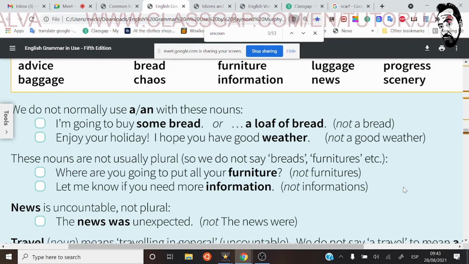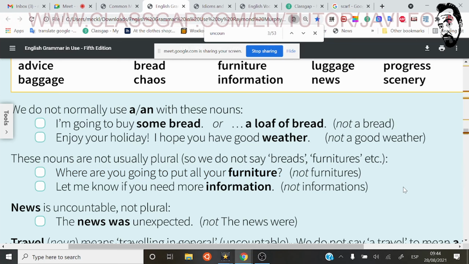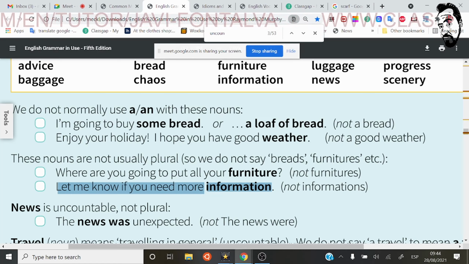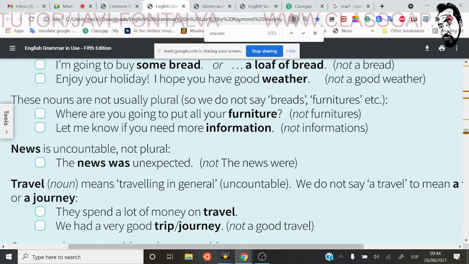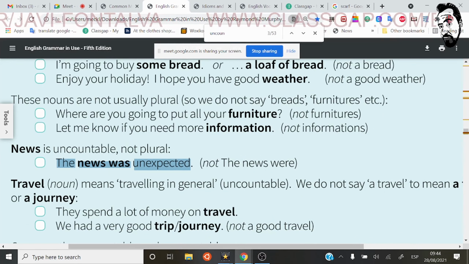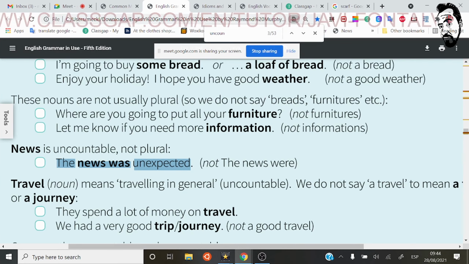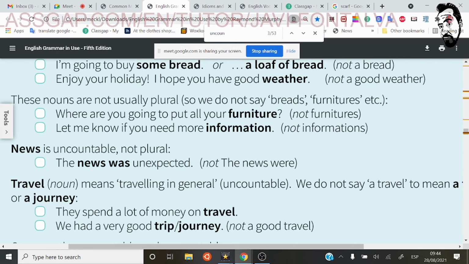Where are you going to put all your furniture? Perfect. Next one. Let me know if you need more information. Okay. The news was unexpected.